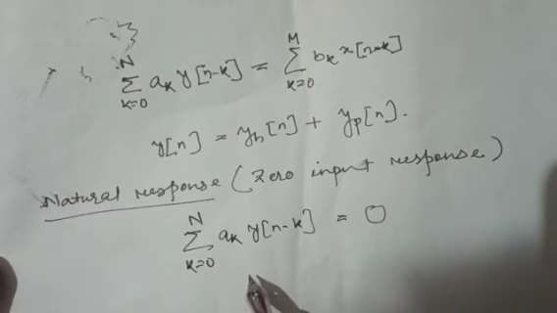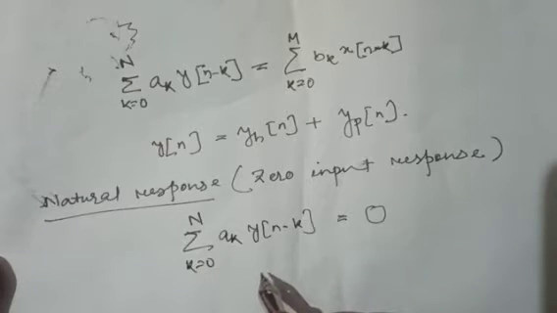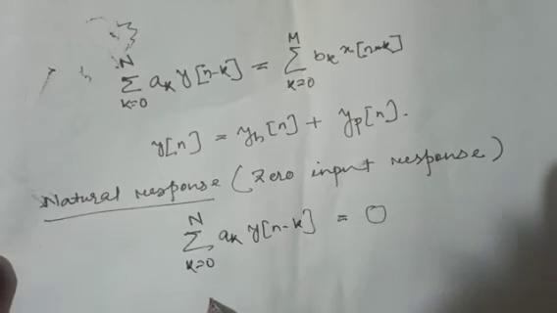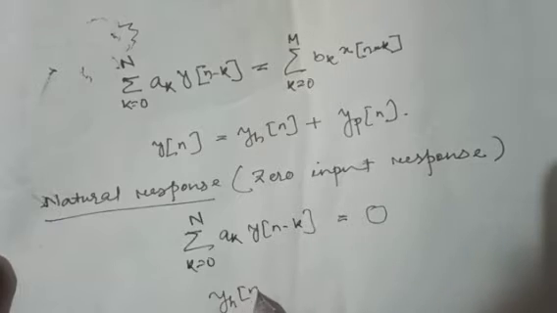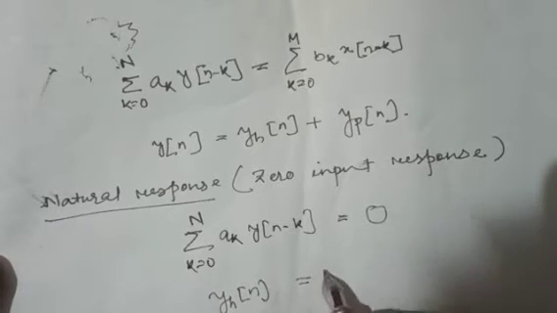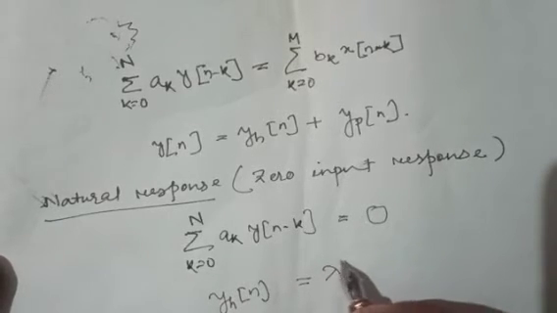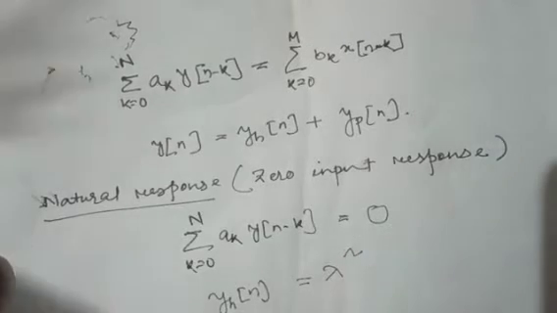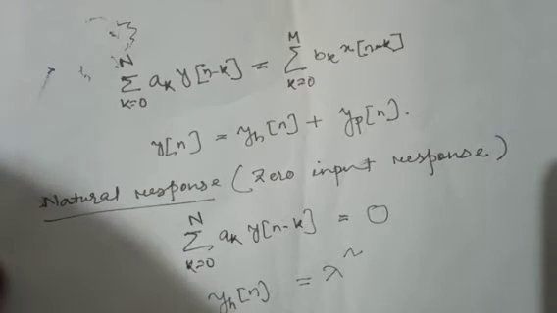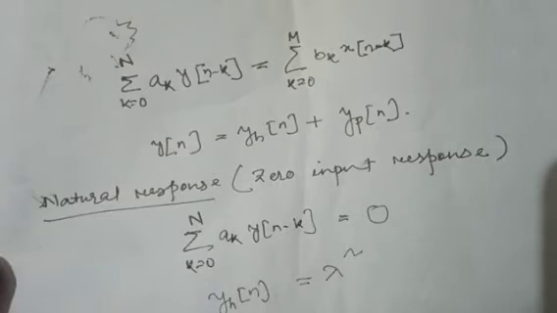Now the solution for this, which we'll call y_h of n, can be written as some constant times lambda to the power n.